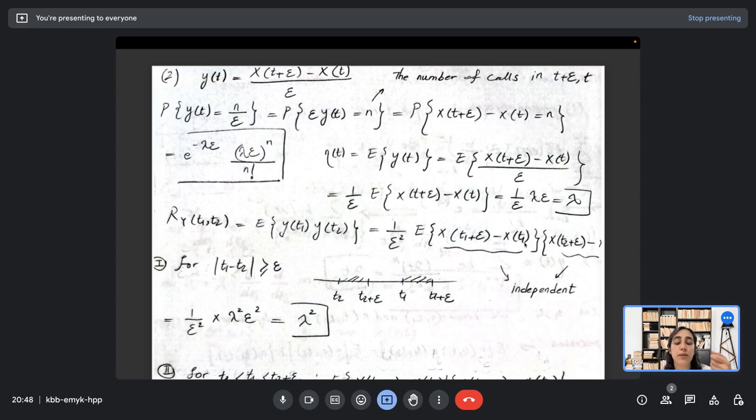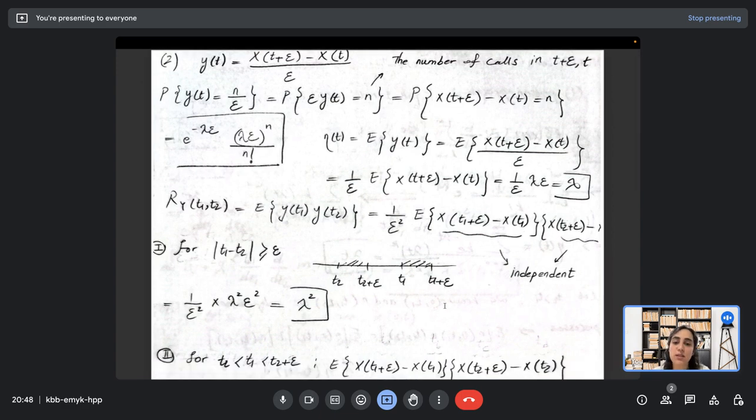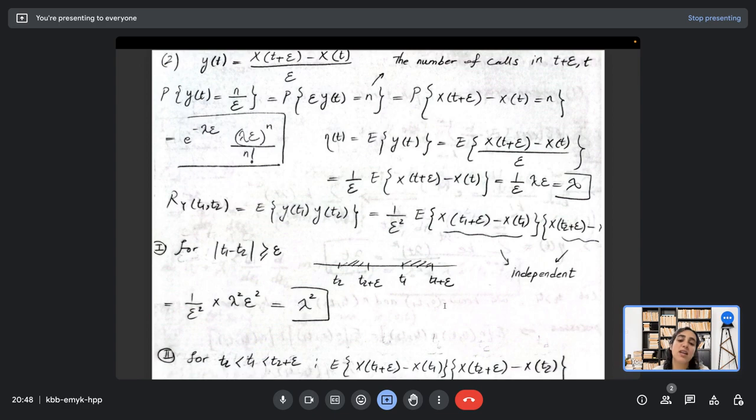Now, in this part we should make some assumption on t1 and t2, whether they have any overlap or not. So at the first point, we will think of a situation that the range t2 to t2 plus epsilon, and the range t1 till t1 plus epsilon, don't have any overlaps.